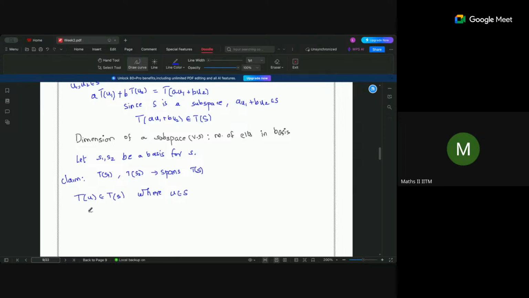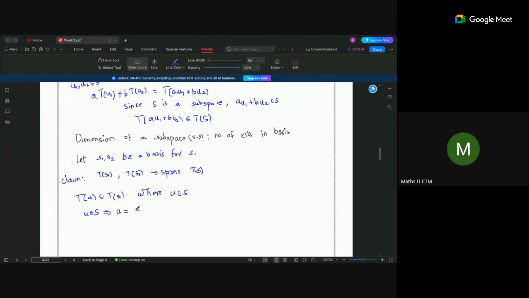Now, since S1, S2 form a basis for capital S, and this U is an element of capital S, how can you relate this U to S1 and S2? How can we use S1 and S2 to describe U?